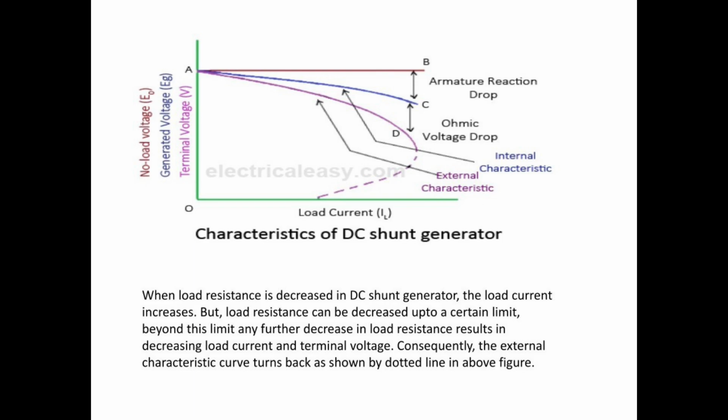Beyond this limit, any further decrease in load resistance results in decreasing load current and terminal voltage. So consequently, the external characteristic curve turns back. Observe the dotted line of the curve.